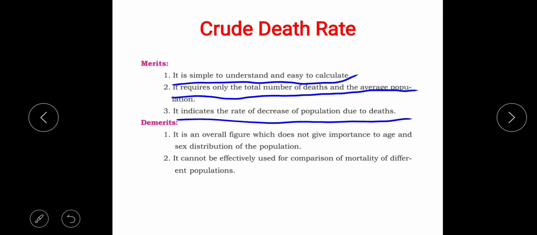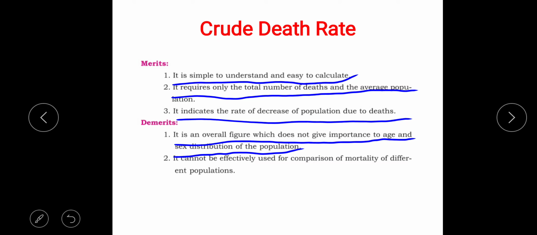Next, the demerits. First demerit, it is an overall figure which does not give importance to the age and sex distribution of the population. We said it is simple because it doesn't segregate the population. So that is the demerit here, that it does not separate gender and age composition.